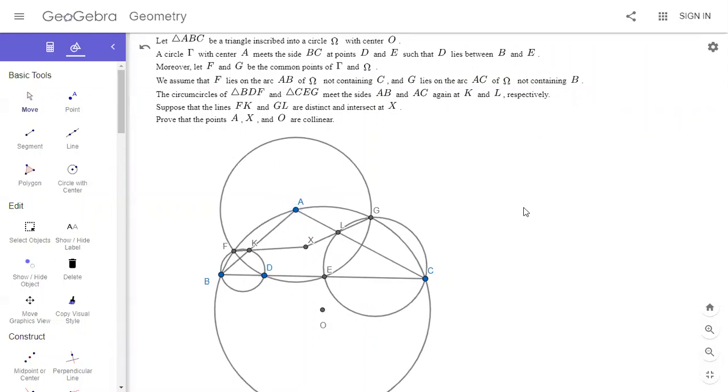Okay. Yeah, so let's see. What would the radical axis of these 2 circles be?